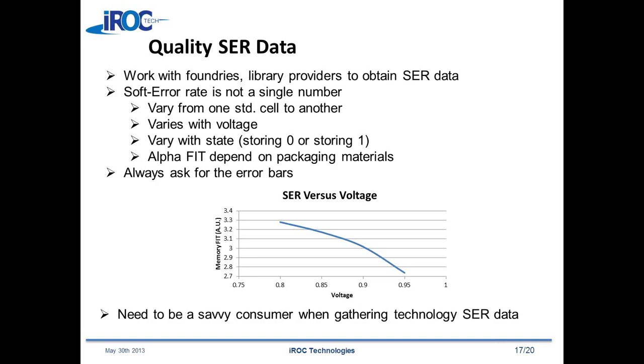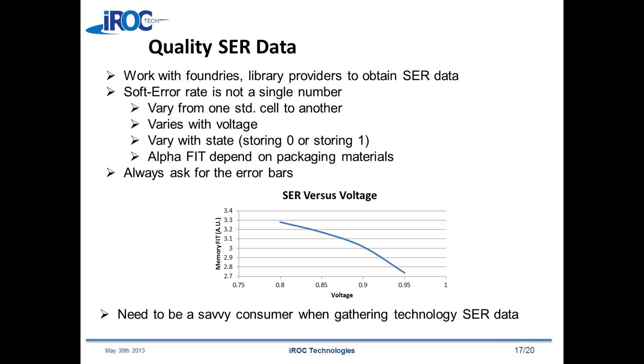For example, if you have 2 different flip-flops in your library, they're most likely going to have 2 different fit rates. The fit rate is going to vary with voltage. The fit rate is going to vary with the state stored in the cell. So it's not a single value. It's a whole database of values that you need to get from your foundry or library provider that characterizes the soft error rate of their technology.